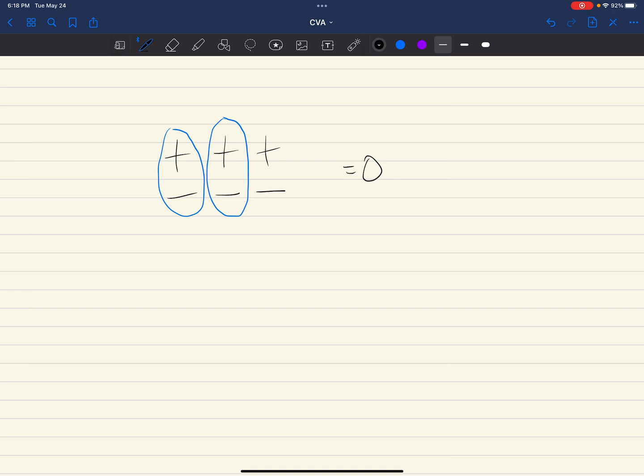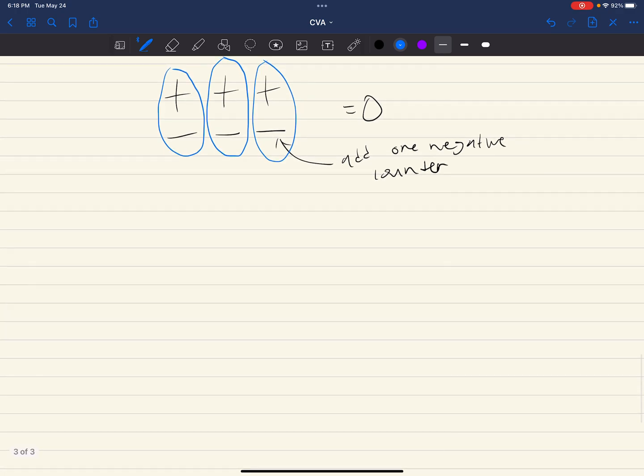So I'm going to write add one negative counter. If you add one negative counter, then this entire thing will become 0. So you've got a 0 pair, 0 pair, 0 pair, and now the entire thing is equal to 0.